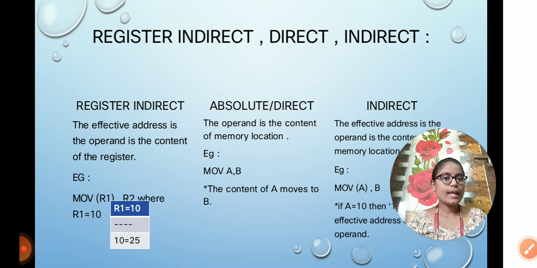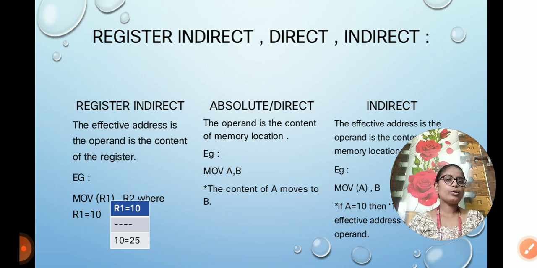Here we need to understand what an effective address is. The effective address is the address at which we get the operand, and the indirect addressing mode is specified by placing parentheses. For example, MOVE (R1), R2, where R1 is 10. That means we have to get the operand at location 10. R1 content is 10, so the R1 content is the effective address of the operand.